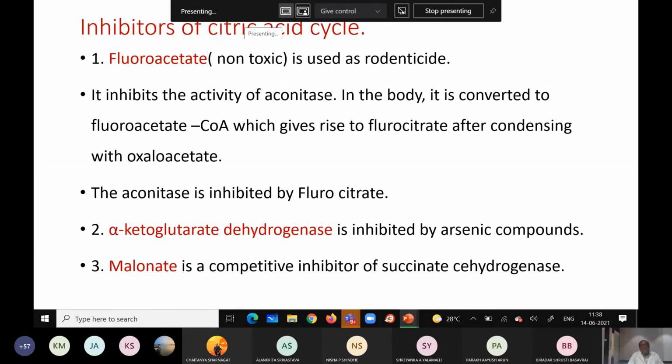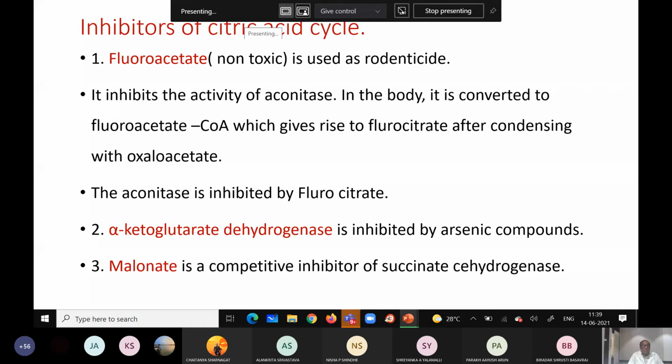It inhibits the activity of aconitase, the enzyme used at the second step. Fluoroacetate will be converted into fluoroacetyl CoA and gives rise to fluorocitrate after condensing with oxaloacetate. So aconitase is inhibited by fluoroacetate. This acts as the inhibitor for the action of these enzymes.